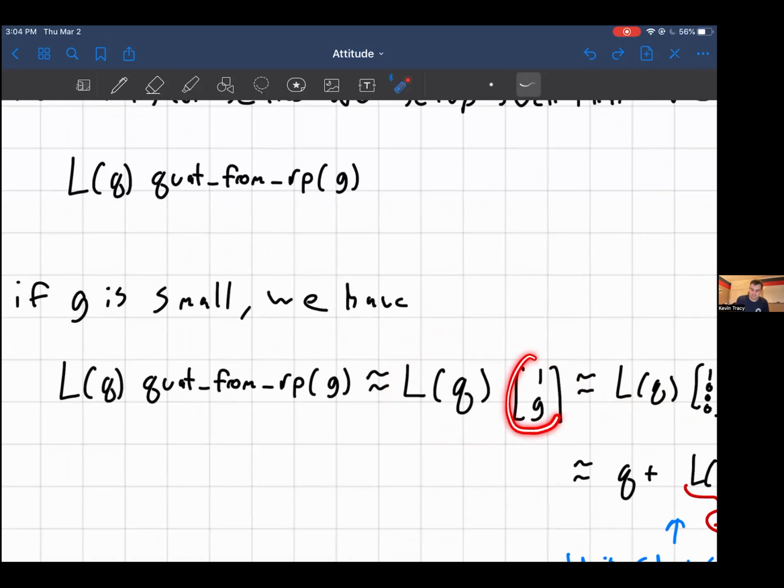Remember, the Cayley map takes a Rodrigues parameter and gives me a quaternion, and I have to normalize it. So let's assume that we're close enough that this normalization is close enough to 1. For very small g's, this is an okay approximation. And in the limit, this is exact. As the norm of g goes to 0, this is what it will look like.